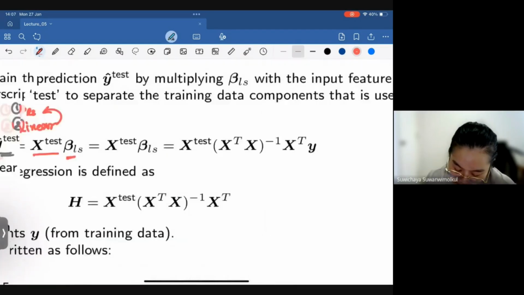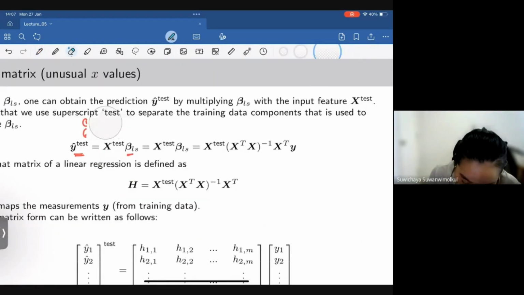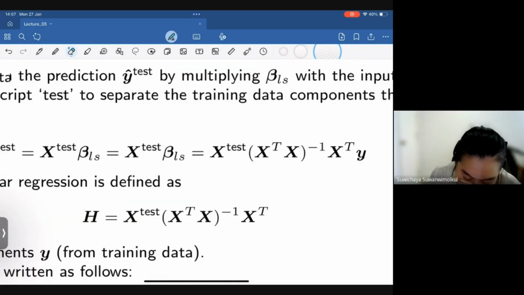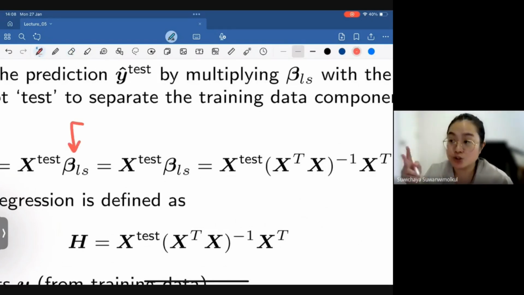But the thing is, if our training data have outliers, it will reflect in the beta ls in two different ways.